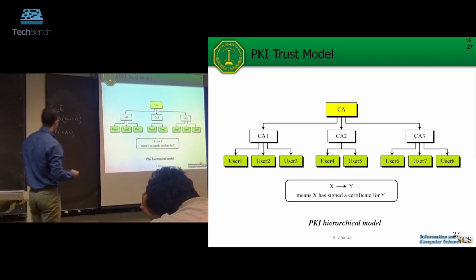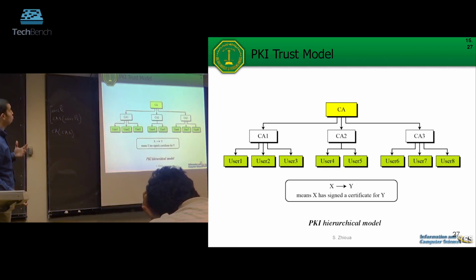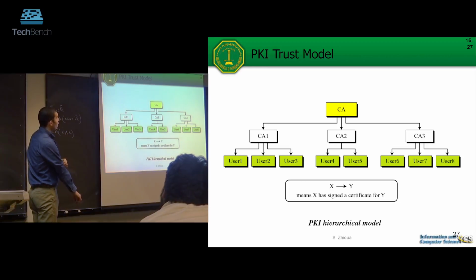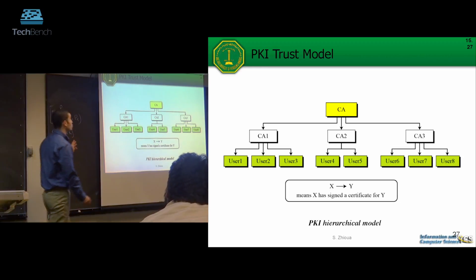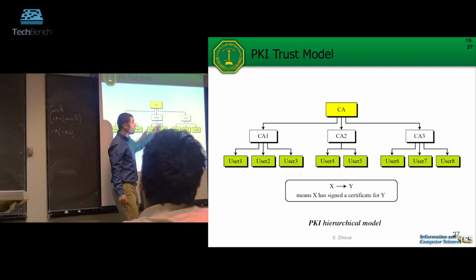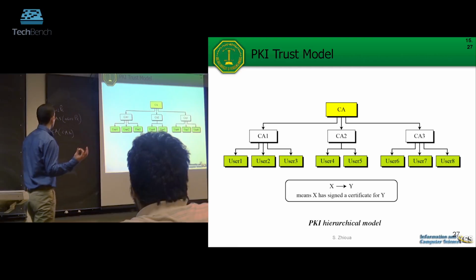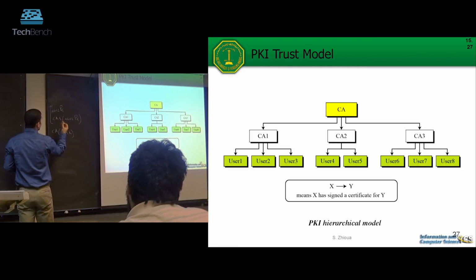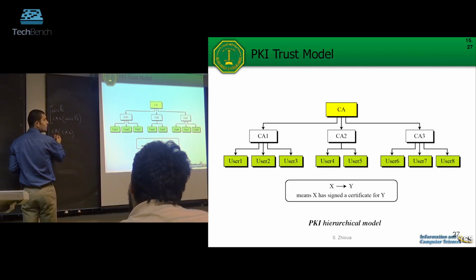Now here, what does user 7 do? Again, we assume that it knows the public key of the certification authority. It will check: I received this public key, it is certified by CA1, I don't know CA1, but user 2 also sent me the certificate of CA1 by CA.